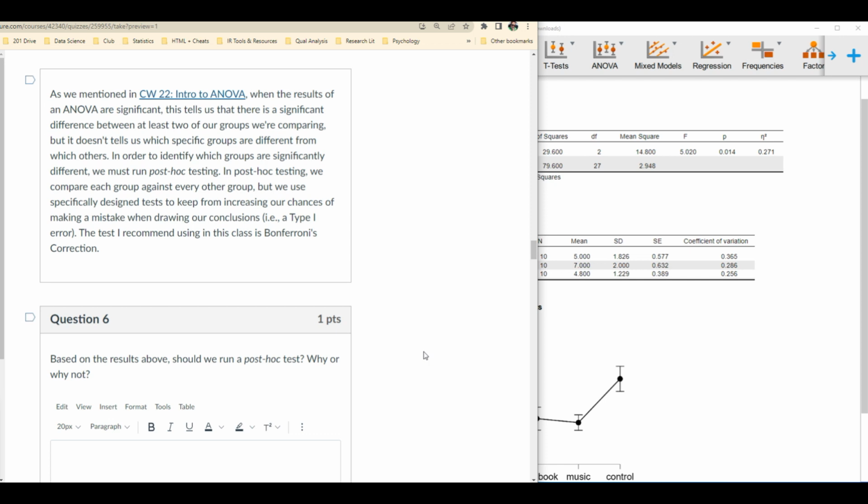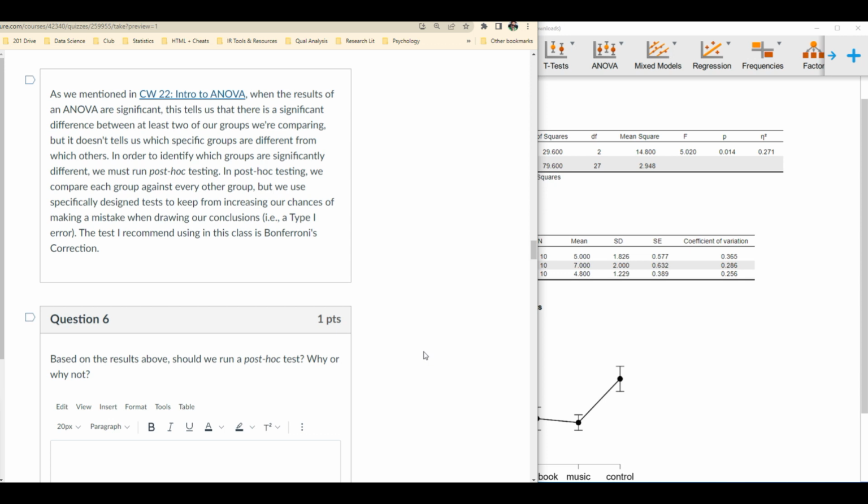To do this, we use specifically designed tests that keep us from increasing our chances of making a mistake when drawing our conclusions. In hypothesis testing, our alpha level represents, to some degree, our level of accepted error, right? We're willing to be wrong 5% of the time in saying that I see an effect when there isn't really an effect.